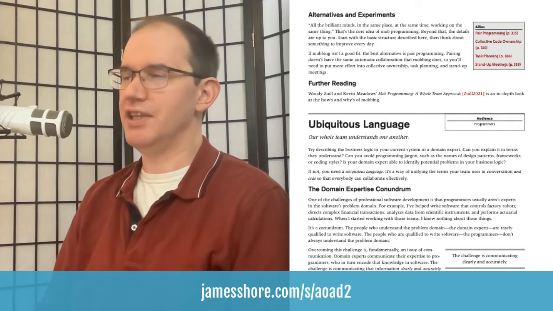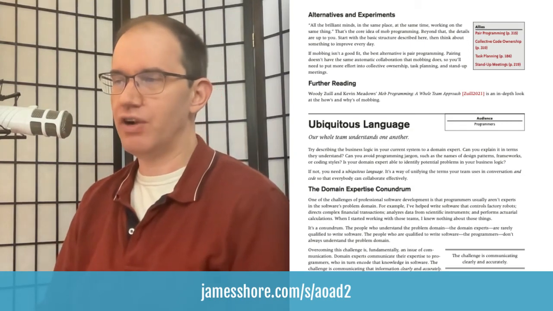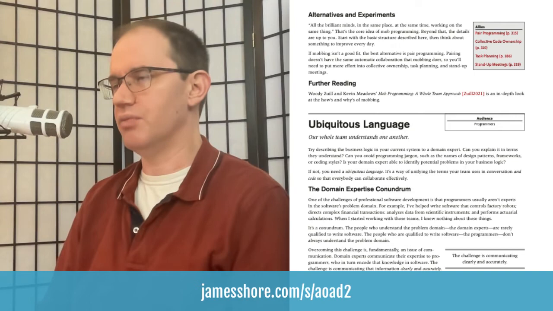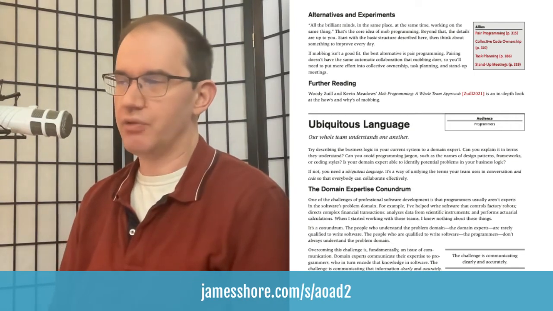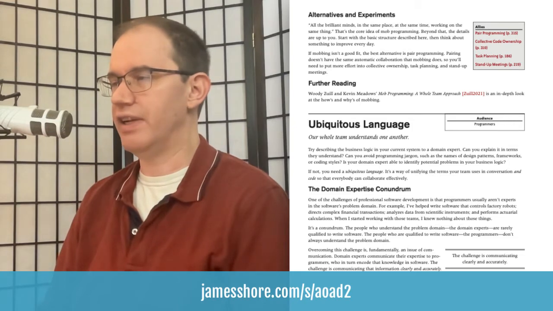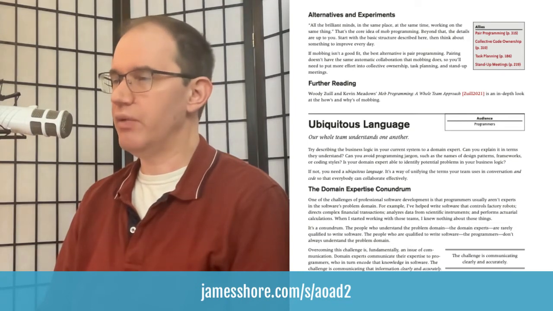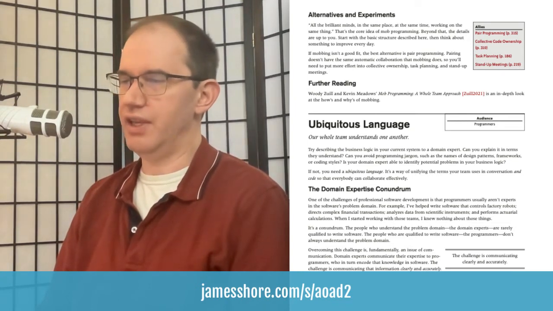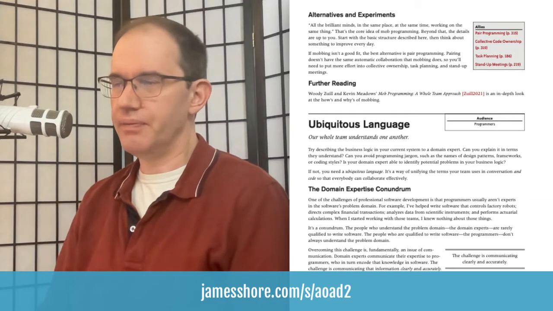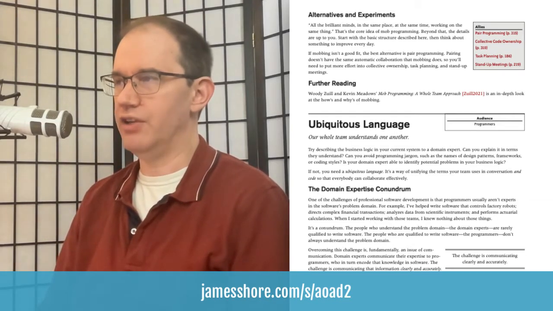The domain expertise conundrum. One of the challenges of professional software development is that programmers usually aren't experts in the software's problem domain. For example, I've helped write software that controls factory robots, directs complex financial transactions, analyzes data from scientific instruments, and performs actuarial calculations. When I started working with those teams, I knew nothing about those things. It's a conundrum. The people who understand the problem domain, the domain experts, are rarely qualified to write software.